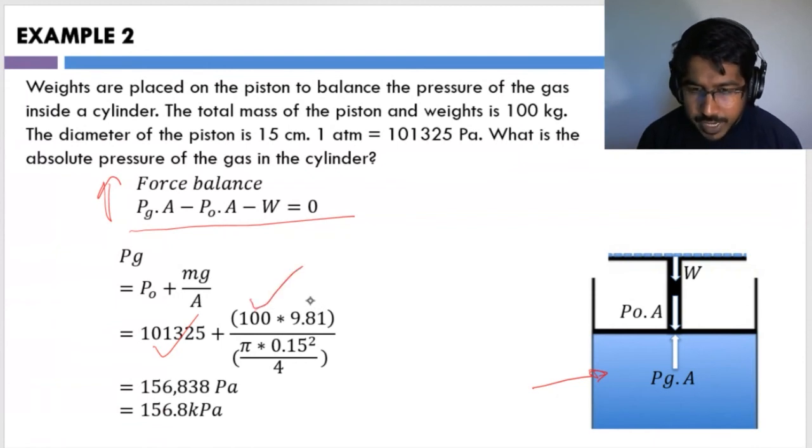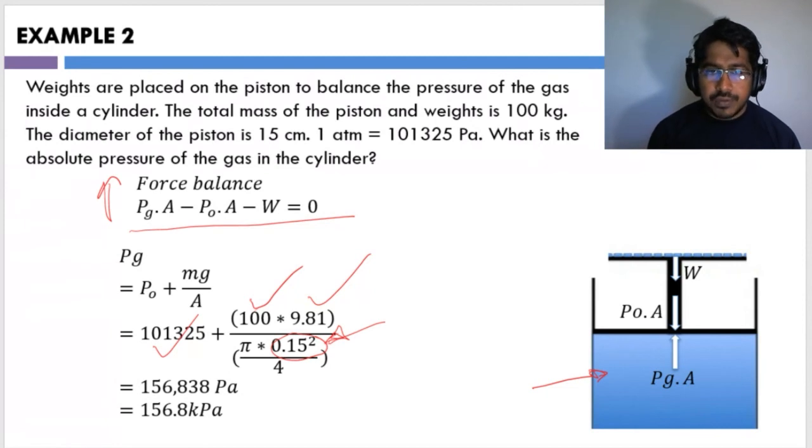Gravity we can assume 9.81, the gravitational acceleration, and the diameter of the piston is given, so we can convert it into meters. It's very important. Always try to stick to the standard SI units so that you don't end up getting confused, because you can substitute centimeters here, it's not a problem.